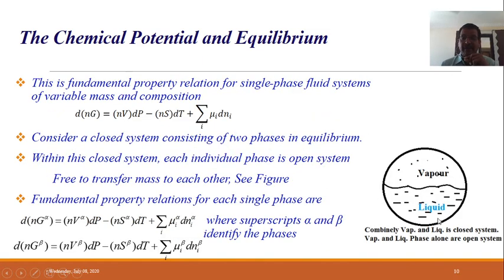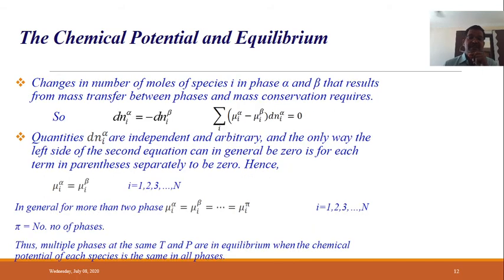Now one more fundamental point here. If moles are lost by the liquid phase, they are gained by the vapor phase, or if moles are lost by the vapor phase, they are gained by the liquid. That means whatever exchange there is takes place only between the vapor and liquid phases, that is the alpha and beta phases. So you can have a simple relation here: d(ni alpha), the change in number of moles of the alpha phase, is the negative of the change in number of moles of the beta phase.